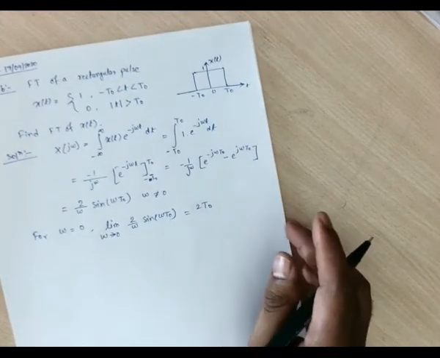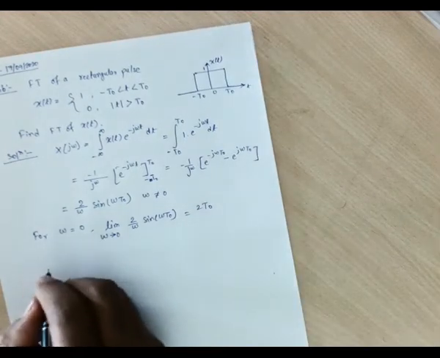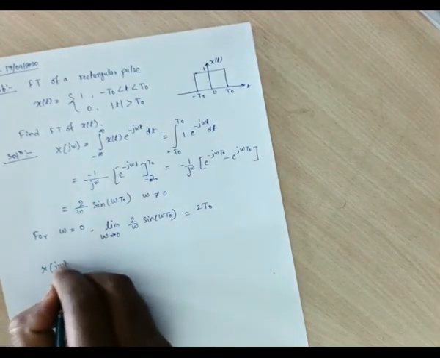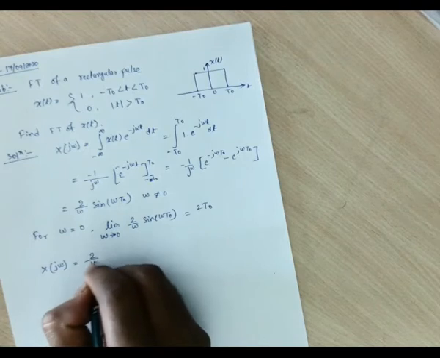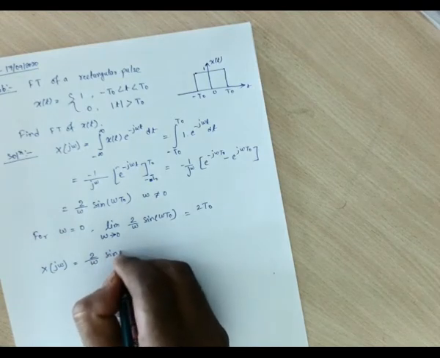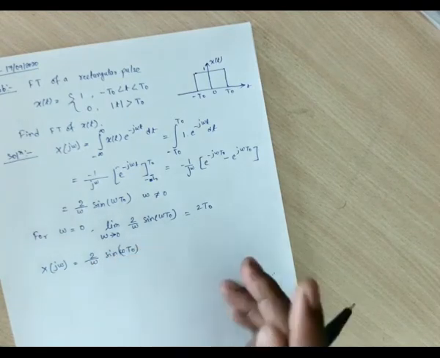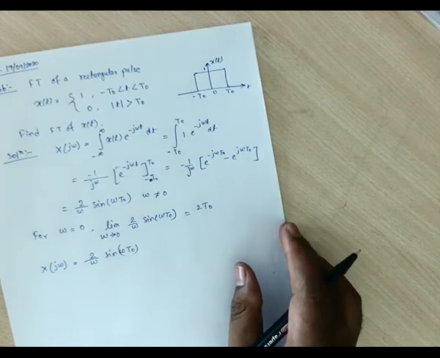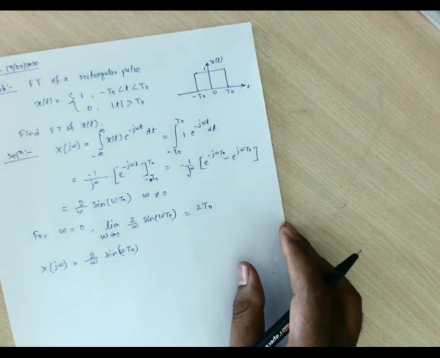So in general we can write that X of j omega is 2 by omega sine omega t naught, and we are able to find the value at omega equals 0 by taking the limit.